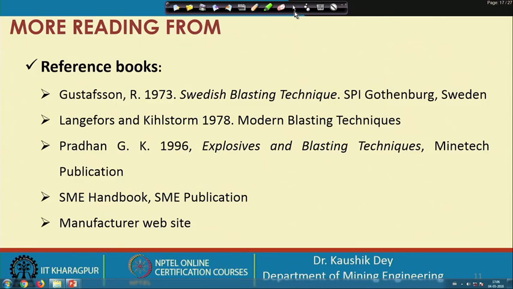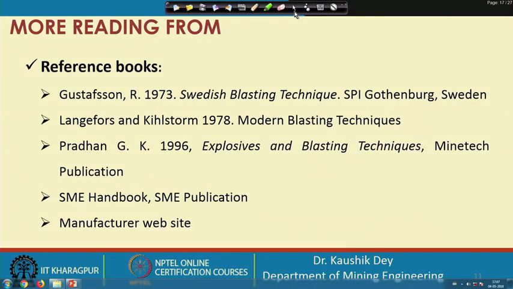We use this criterion for our blasting purpose while using the explosive for fragmenting the rock, and we are able to utilize this time gap between the shock release and the gas release for our benefit. There are a few reference books, you can go through those books to understand a little more on the elaboration of this.